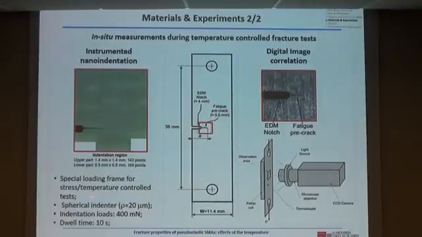And we used special parameters, in particular, large indentation loads equal to 400 millinewton, and a spherical indenter with a radius of 20 microns.